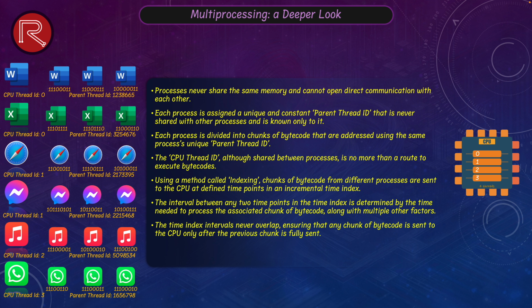The time index intervals never overlap, ensuring that any chunk of bytecode is sent to the CPU after the previous chunk is fully sent. The perception that processes are running simultaneously or concurrently is due to the time index intervals being in nanoseconds.